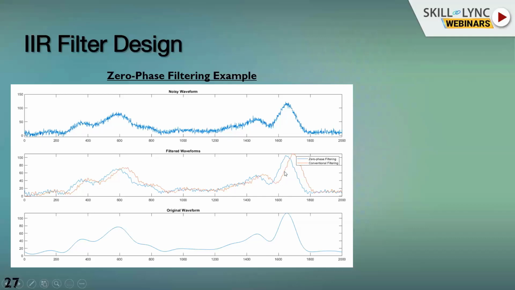Whereas when we are using zero phase filtering, which is this blue line, the noise has reduced and the signal is also not delayed. So the song which is playing will be playing at the same time wherever you require it to play. So the sound will not be lagging behind due to this denoising operation.